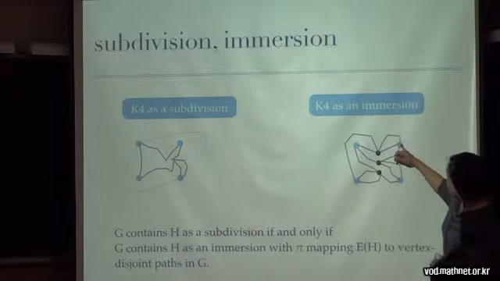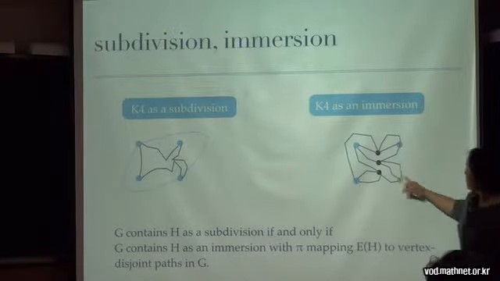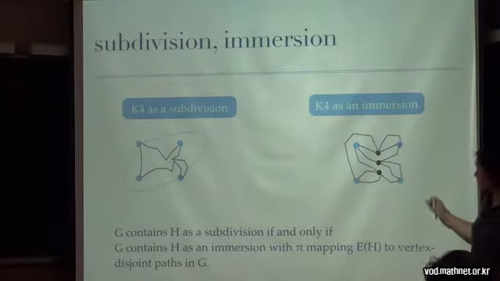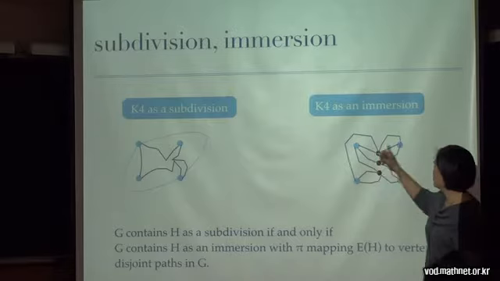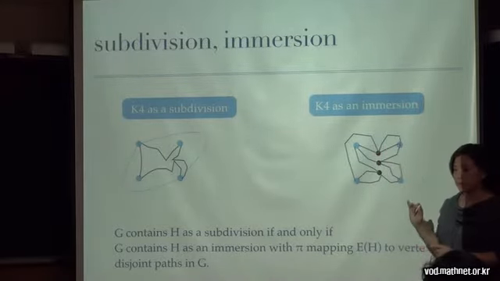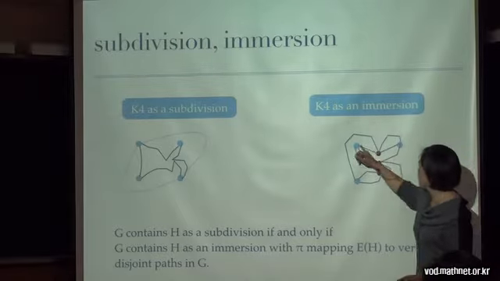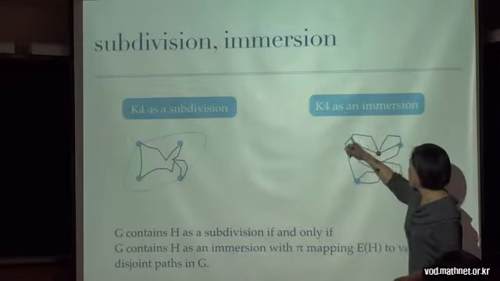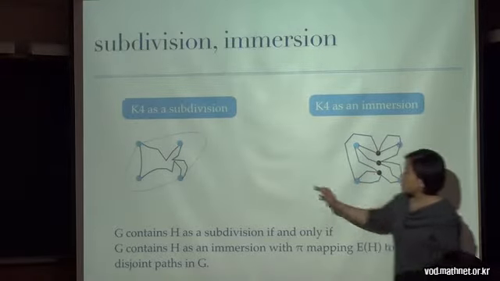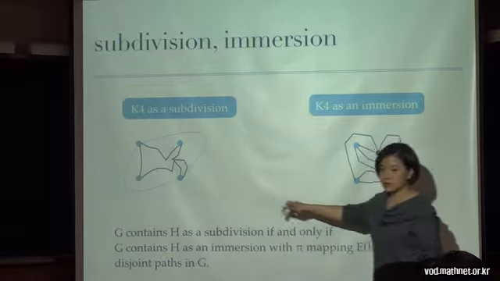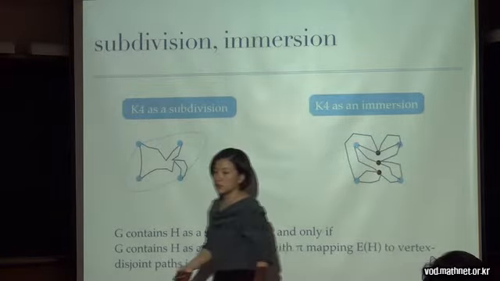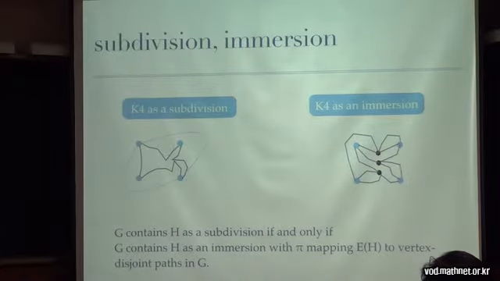These big blue vertices are the images of vertices of K4, and every two vertices are connected by a path. So between these two you have a path, between these two you have a path, and so on. While in the subdivision they should be all vertex disjoint, in the immersion they don't need to be vertex disjoint, but they should be edge disjoint.